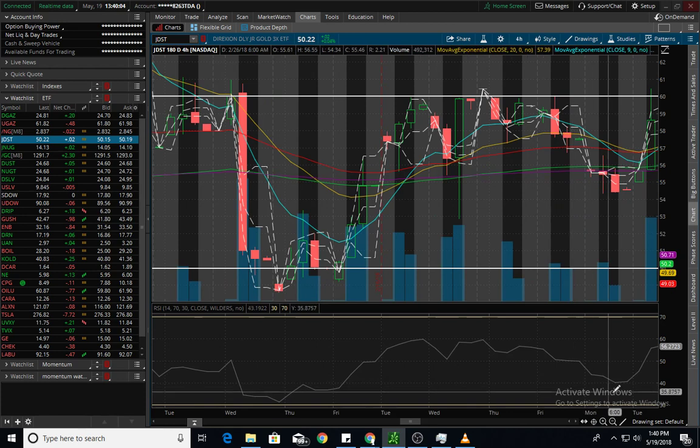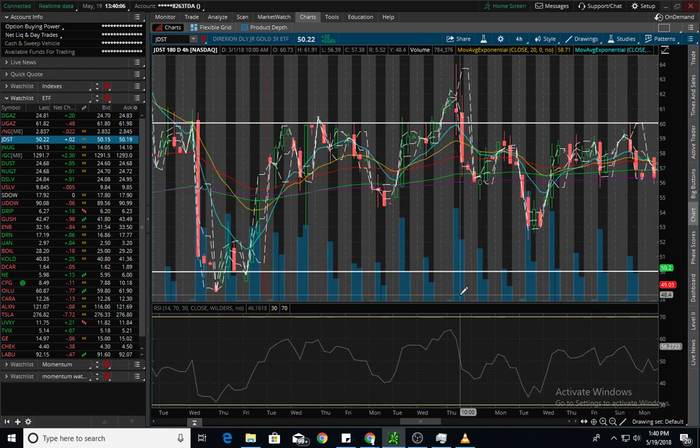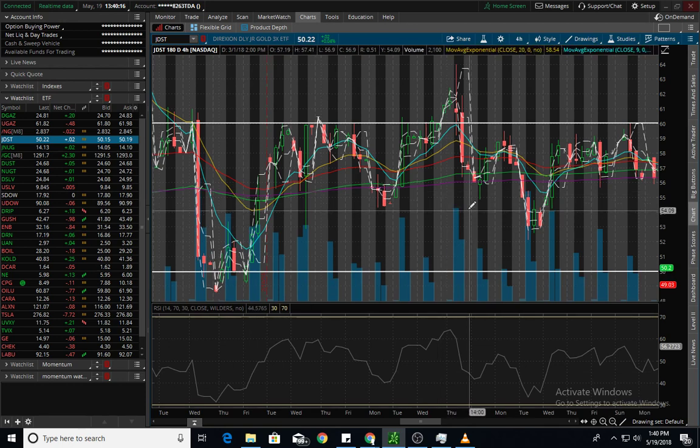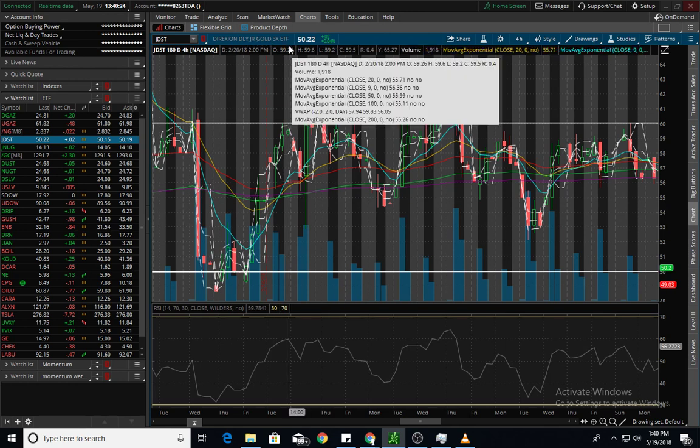But the thing is, you have to be prepared for it to either go down a lot or go up a lot. So buying here, I would probably suggest a very small position, because this ETF, this JDST, which has to do with gold, is a three-time leveraged stock.